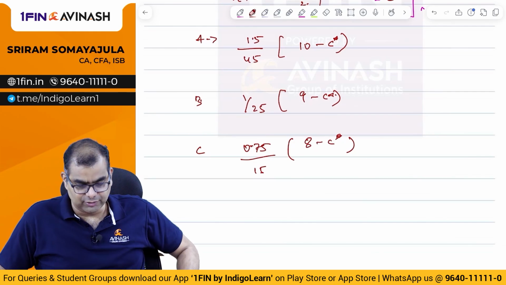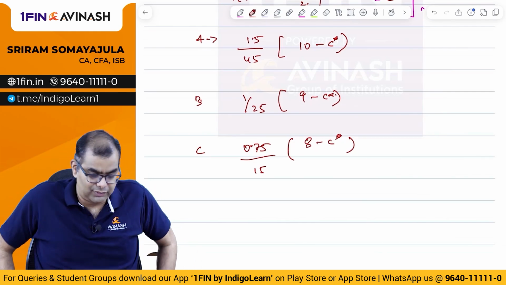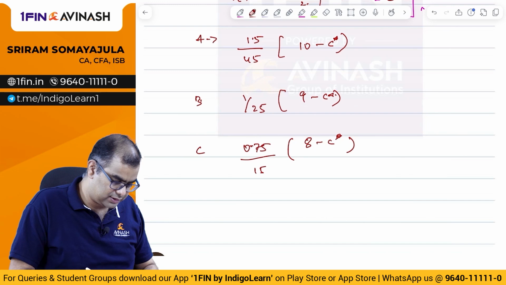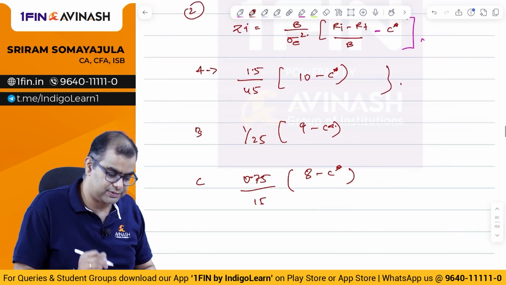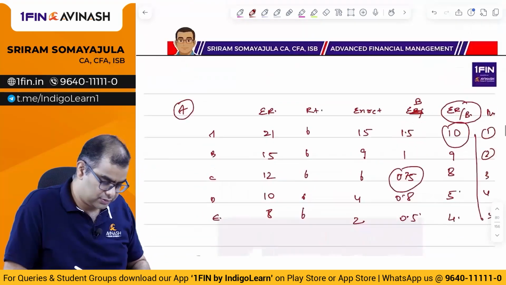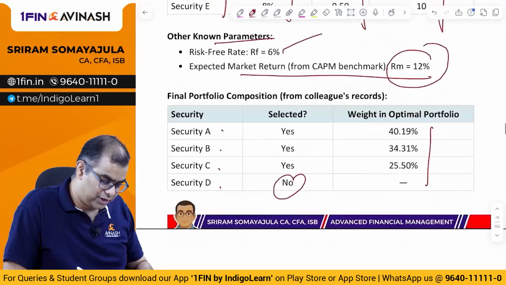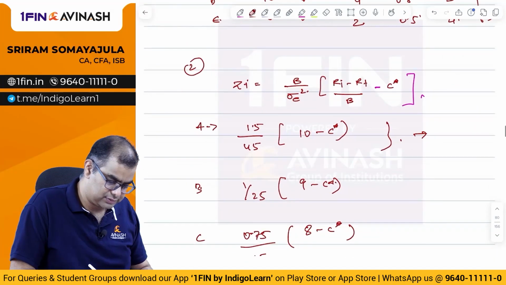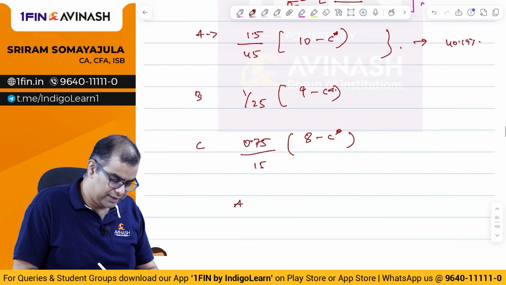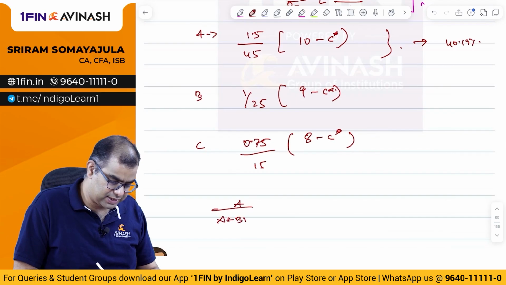Now we got this value. What we are saying is the weight of this is how much? 40.19%. That implies A by A plus B plus C is equal to 40.19, correct?